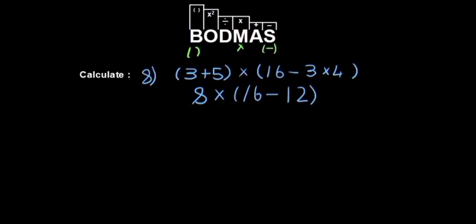Now we're going to do the subtraction. So we're going to subtract a 12 from a 16 to get a 4. Now this subtraction is gone. And all the calculations inside the brackets are gone.